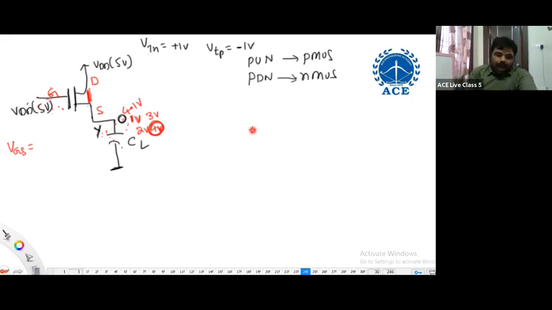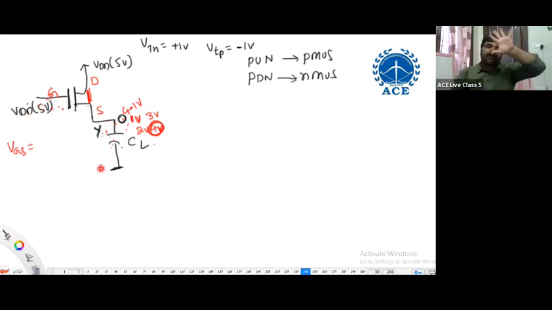Output is not charging to 5 volts when I'm using an N channel MOSFET, because beyond 4 volts, if it is charging this capacitance, gate to source potential is becoming lesser than VTN, which can switch off the N channel MOSFET. Then what we can say? N channel MOSFET is not passing a strong one to the output.